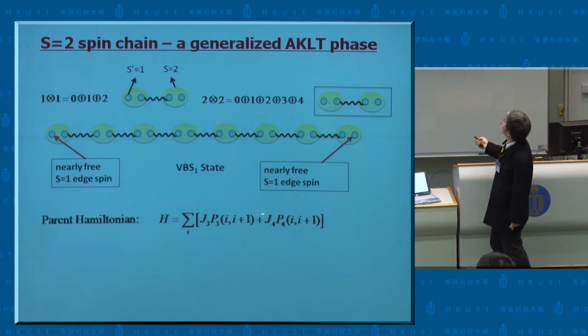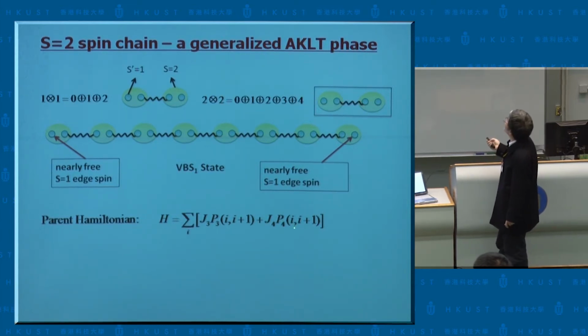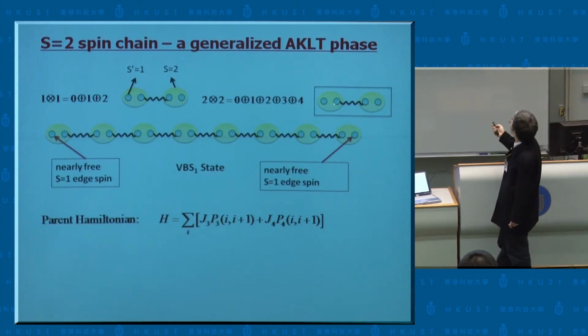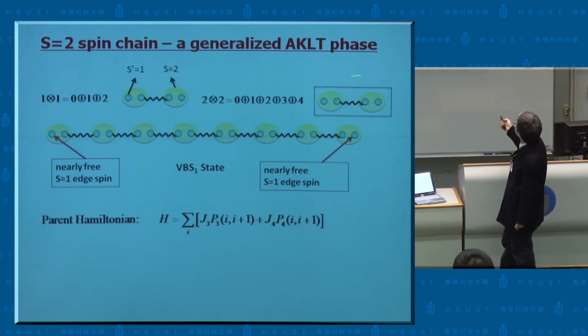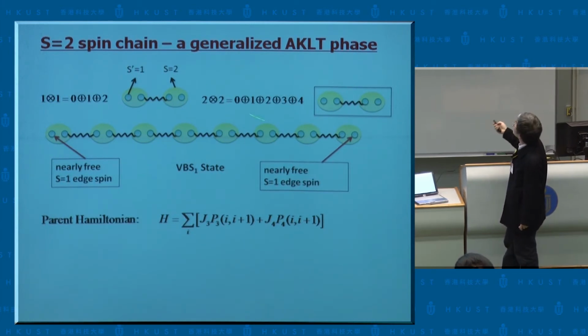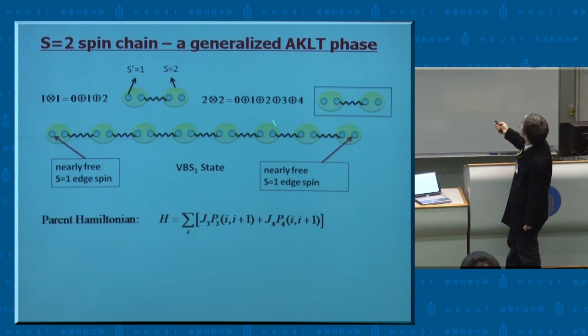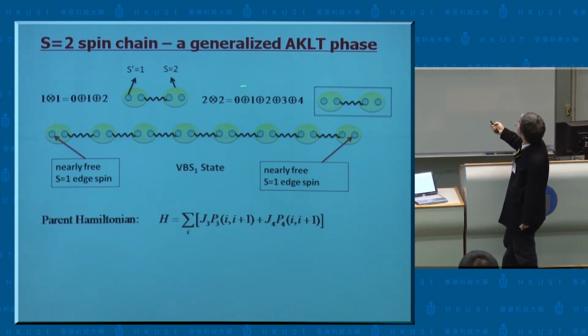What is the meaning of this projection operator onto the total physical spin channel? For example, if you consider two spin 2 atoms at nearest neighbor, in total you can have a total spin channel 0, 1, 2, 3, 4.